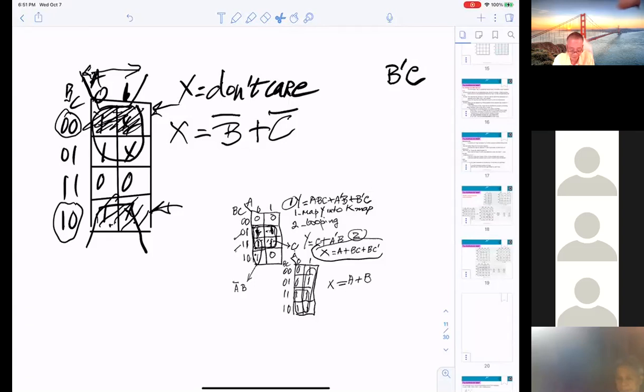We loop that one first, and we got C, and then we loop the 4 numbers, which is A, not A. You cannot loop 6 numbers. You read the rules, right? I said you can loop 1. You can loop 2. You can loop 4. You can loop 8. You cannot loop 6.